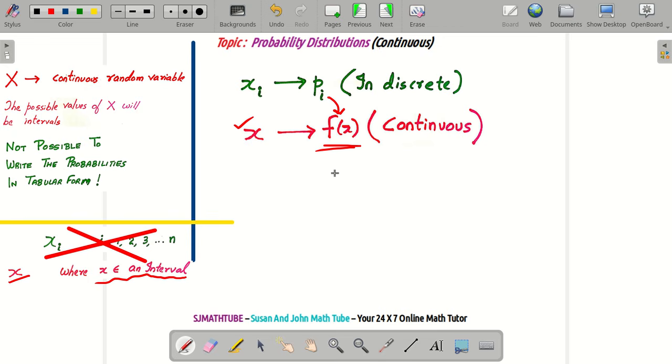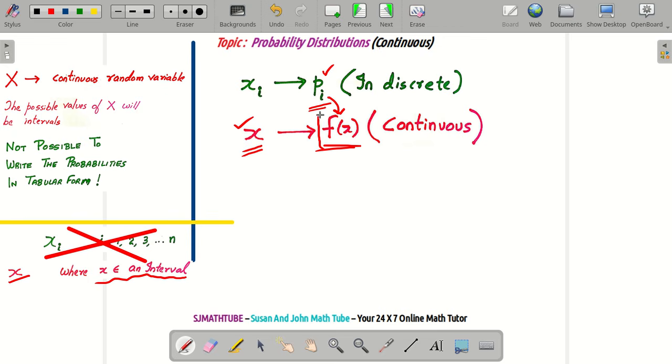Now that is something very interesting and very important. This function generates probability values for each and every input, but probability values are never negative. Probability always lies between 0 and 1.